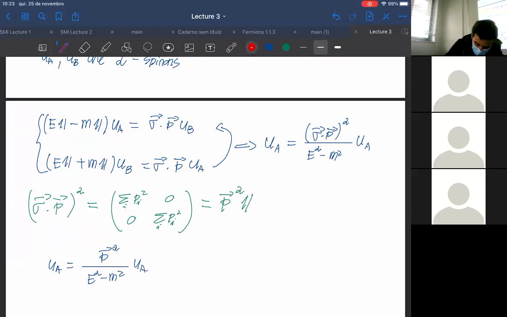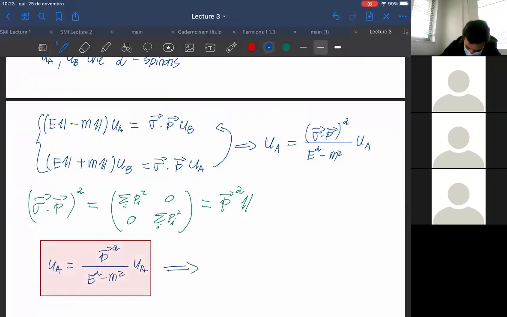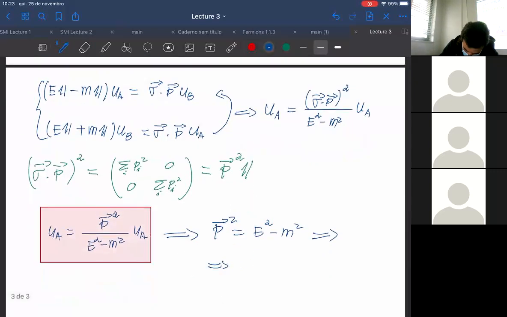And you can immediately see, for this to hold, what is the condition? Basically, P squared has to be equal to E squared minus M squared. So once again, we get that E equals plus or minus the square root of P squared plus M squared, right?